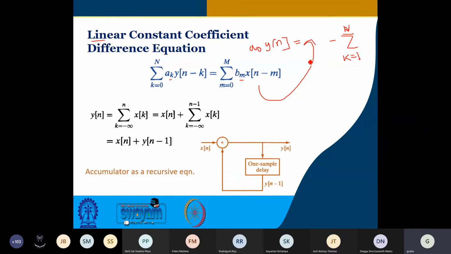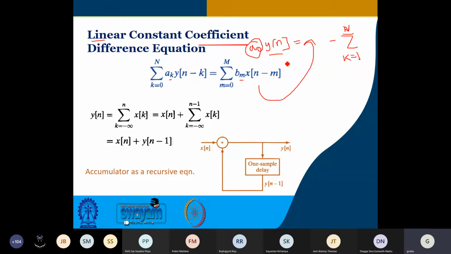In many textbooks, it is customary to divide both sides by this a naught, because ultimately we are interested in the output, not a scaled version of the output. So when you divide, you get a1 divided by a naught, a2 divided by a naught, similarly b1 divided by b naught, and so on.